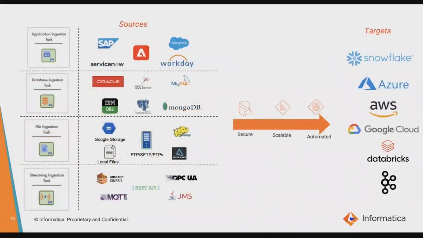This slide provides a crisp idea on different sources and targets for each of the CMI offerings. For application ingestion, users can ingest data from sources such as SAP, Oracle Fusion, Workday, Salesforce, Adobe Analytics, Google Analytics, NetSuite, etc. Similarly, DBMI or database mass ingestion supports Oracle, SQL Server, MySQL, and plenty of other sources on the relational side.